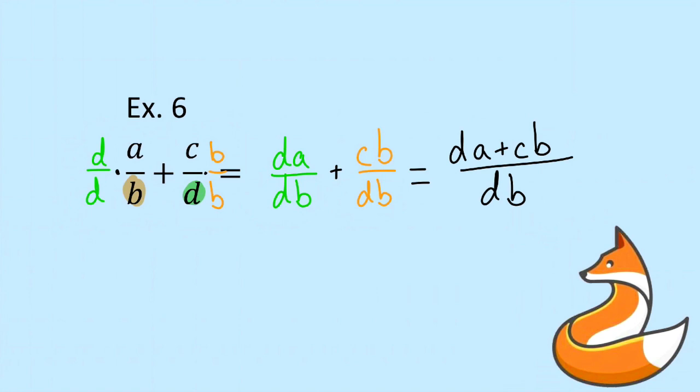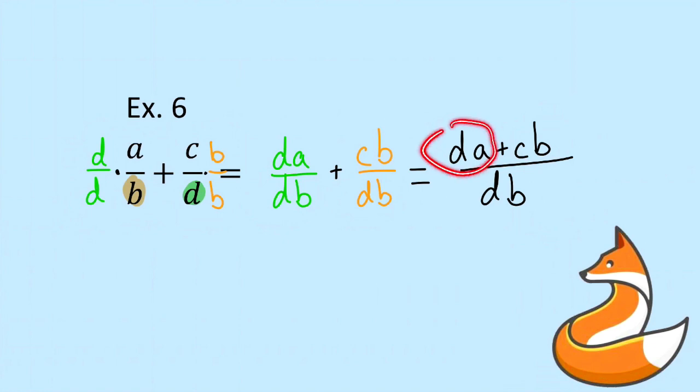Now this probably feels pretty confusing. These kinds of general explanations can be. But the real key here is to remember that since d and a were both integers, d times a will be an integer. Since c and b were both integers, c times b will be an integer.